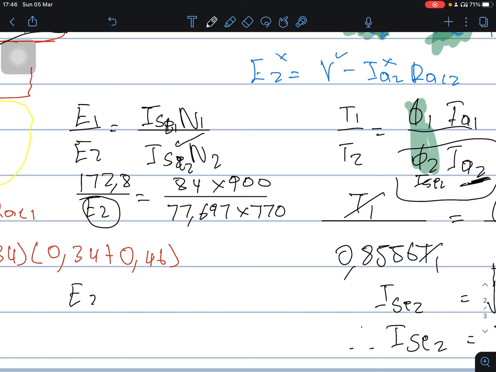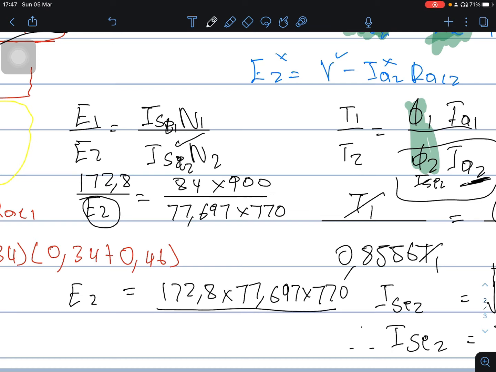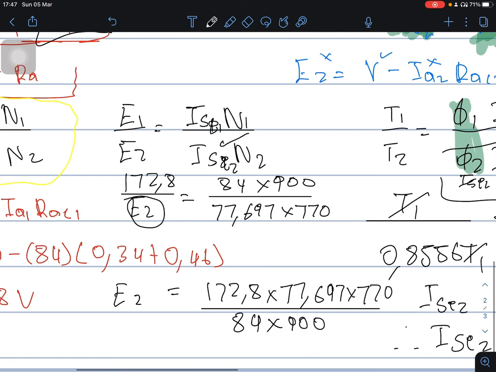E2 is 172.8 times 77.697 times 770 over 84 times 900.